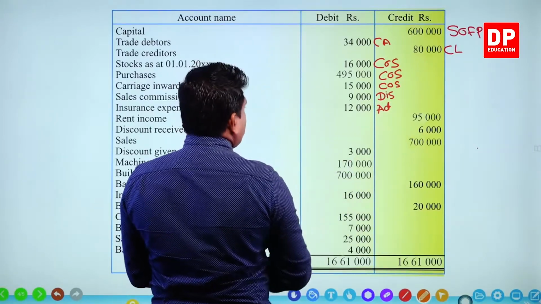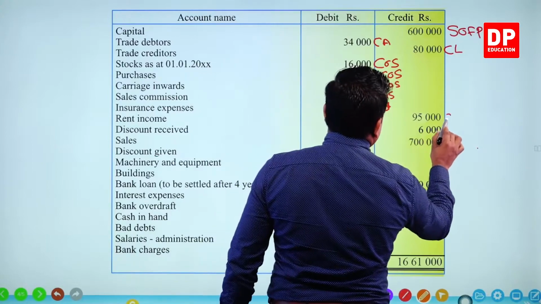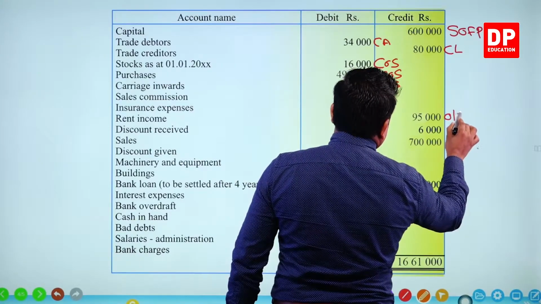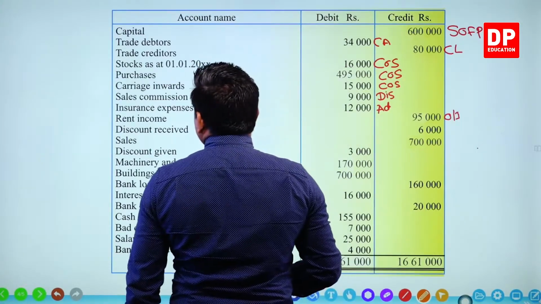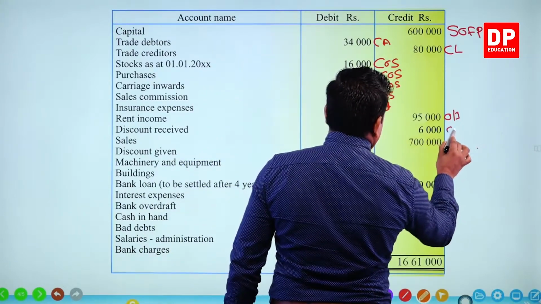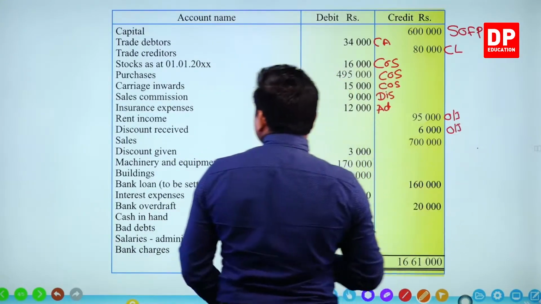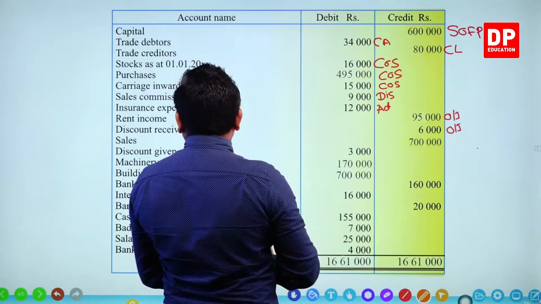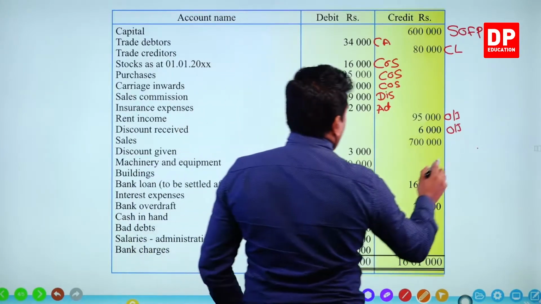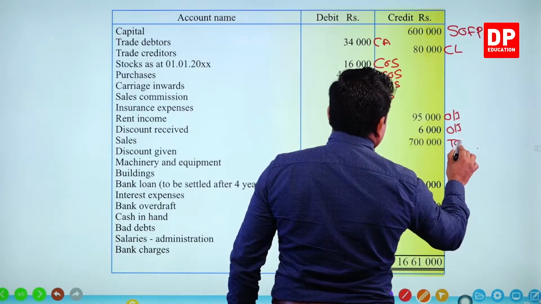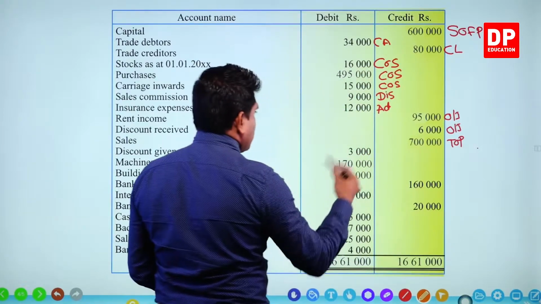Then rent income, other income, it comes under the gross profit. Discount received also same, other income, right? And sales, we write on the top of the profit and loss statement, you mention as top.